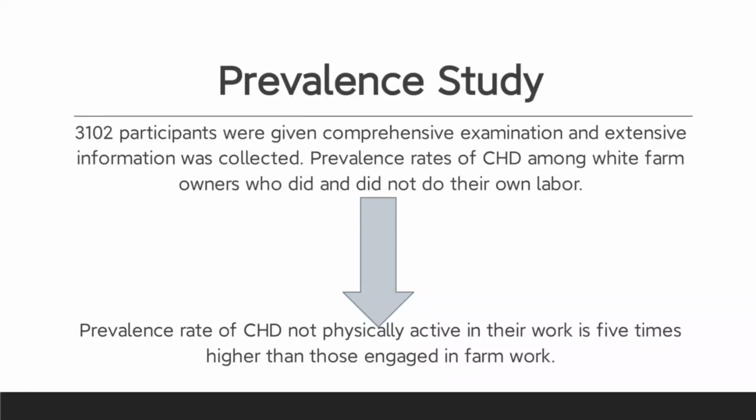So, dito, ang ginawa nila is to explore a possible relationship with physical activity. The investigators compared, anong kinompare nila? Kinompare nila yung who did or did not do their own labor. And then, ano yung gusto nilang malaman? Yung prevalence ng chronic heart disease.